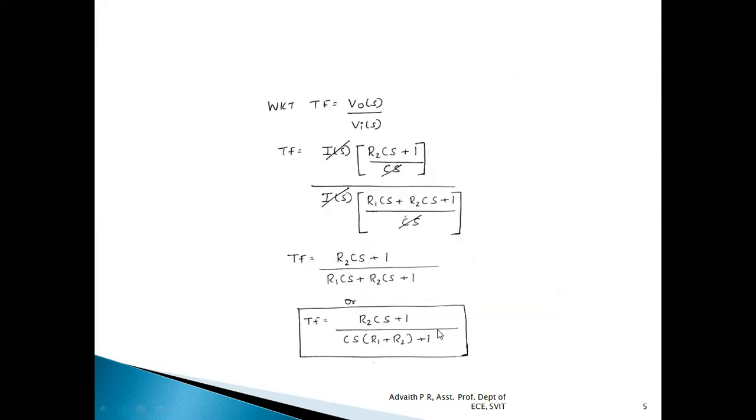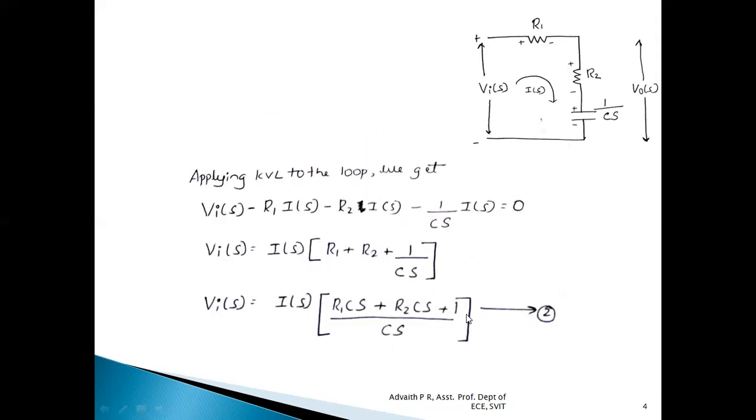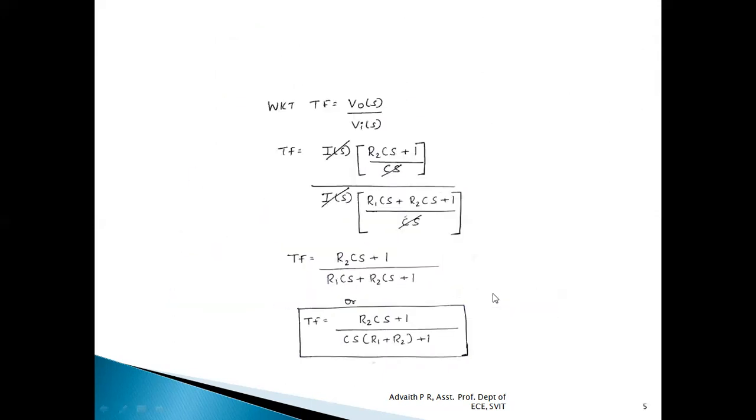Now, we already know that the transfer function is the Laplace transform of output to the Laplace transform of input. So when we divide equation number 1 by equation number 2, we'll get transfer function equals I of S into R2 CS plus 1 divided by CS, divided by I of S into R1 CS plus R2 CS plus 1 divided by CS.